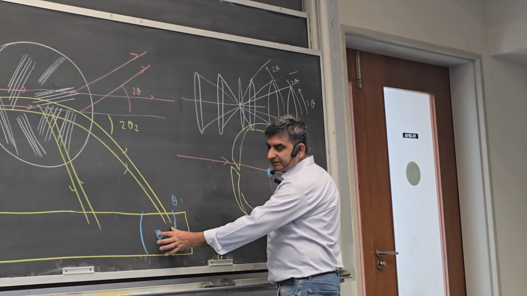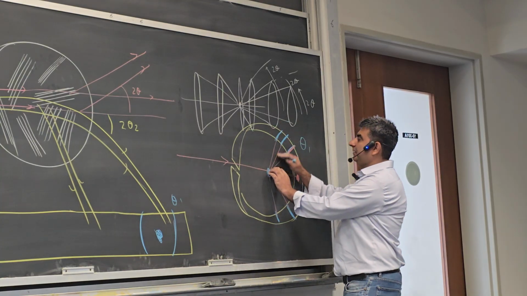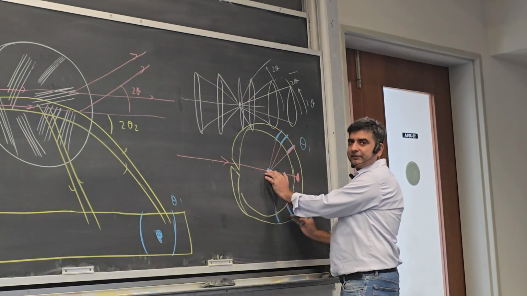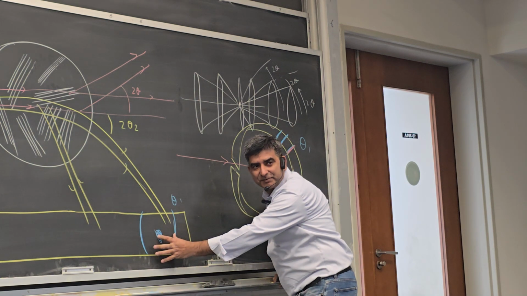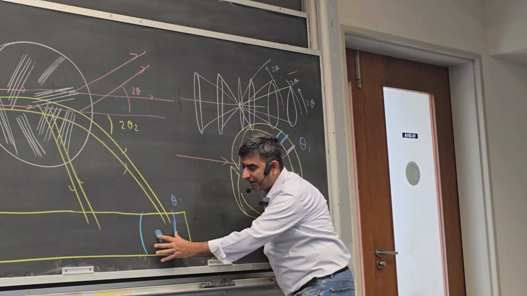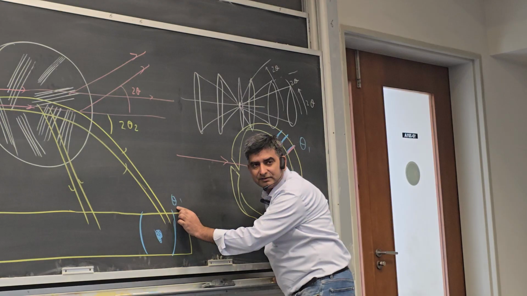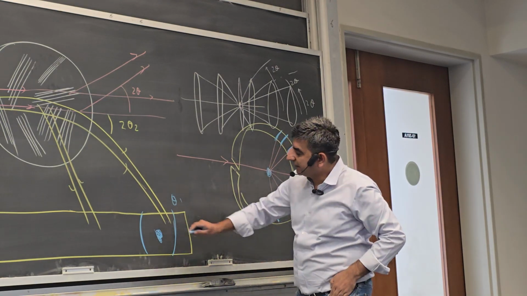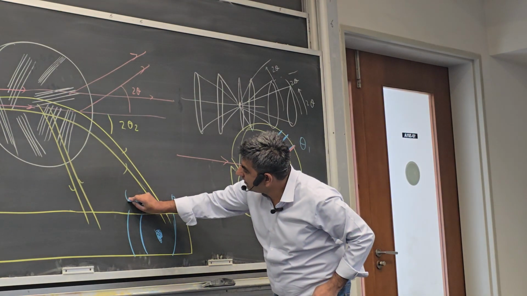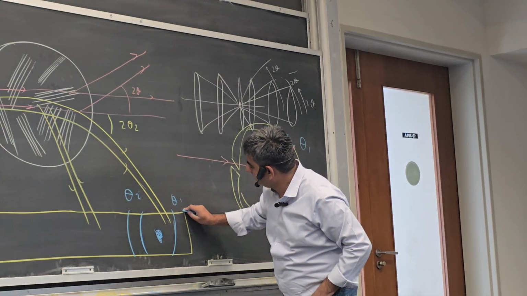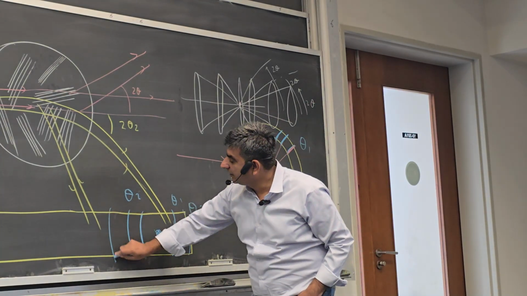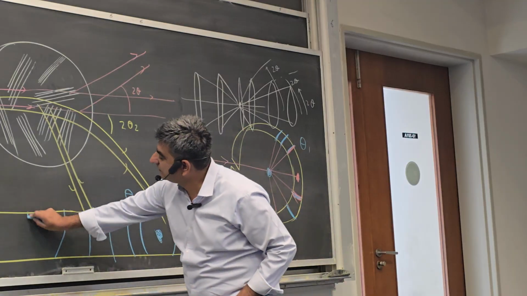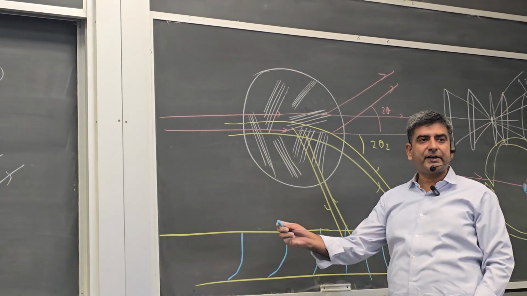And if I know the circumference of this film, from measuring this distance with the meter rule, I can tell what the angle theta 1 is. Right? So I will get some theta 2. Some theta 3.